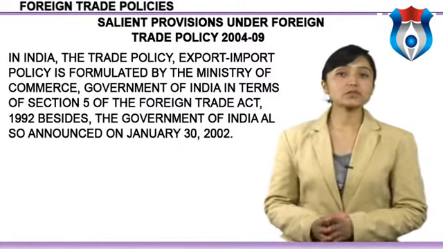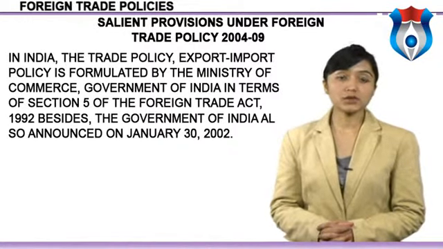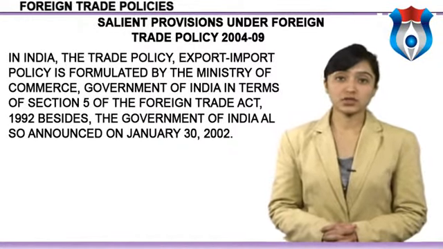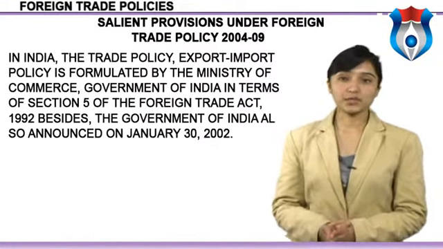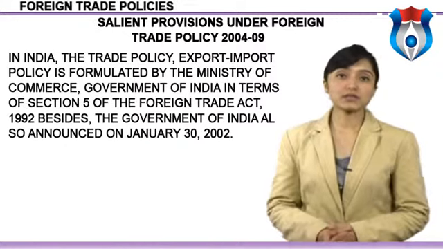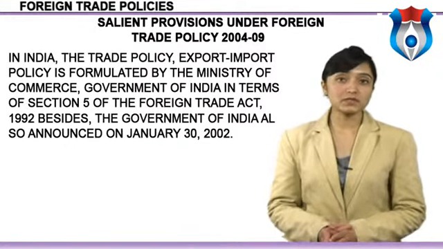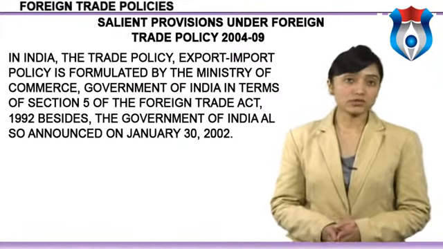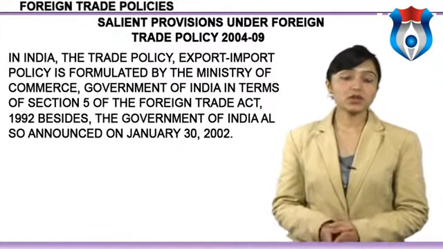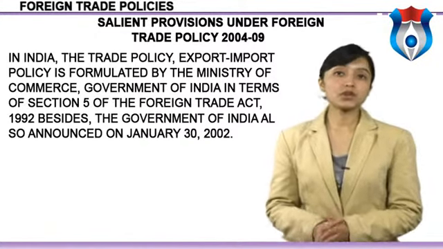Besides, the Government of India also announced on January 30, 2002 a medium-term export strategy to guide the formulation of the export-import policy 2002 to 2007, with the objective of achieving a share of 1% in world trade by the end of 2006 to 2007 from the present share of 0.6% in 2000 to 2001.